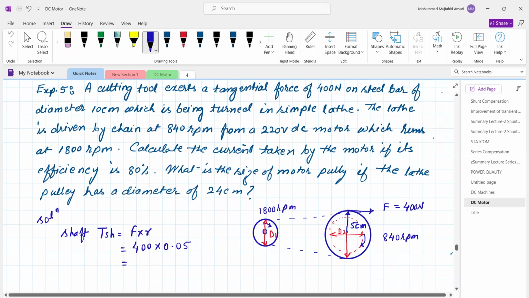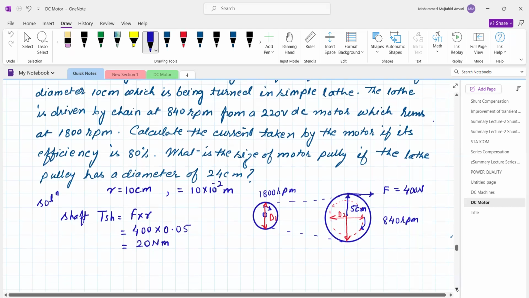Because we are converting centimeter into meter, R is 5 into 10 to the power minus 2 meter. So it is equal to 20 Newton meter.